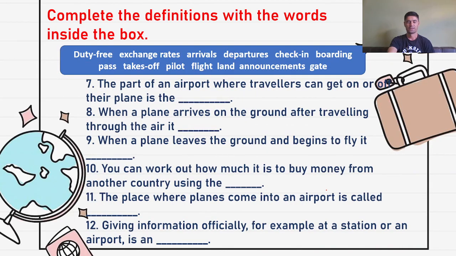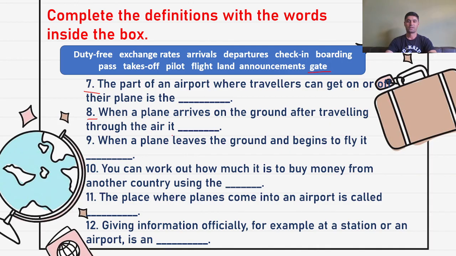We still have the rest of the activity here. So you can use the rest of the words that you haven't used for the previous activity here. All right, well done. So if you're done, let's check. Number 7, the part of an airport where travelers can get on their plane is the gate. Correct.